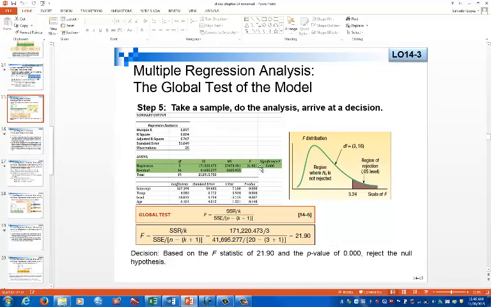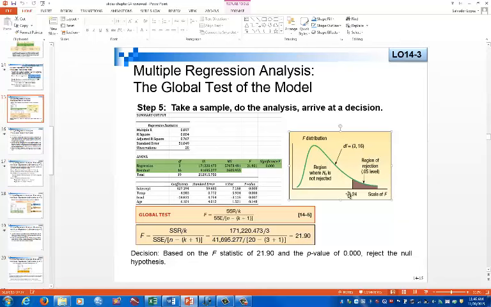Well, we have to compare this F statistic with a critical value of F. If you go to the table at 5% level of significance and degrees of freedom 3 in the numerator and 16 in the denominator, you should get a value of 3.24 as critical value. And then compare 21.9 to that.